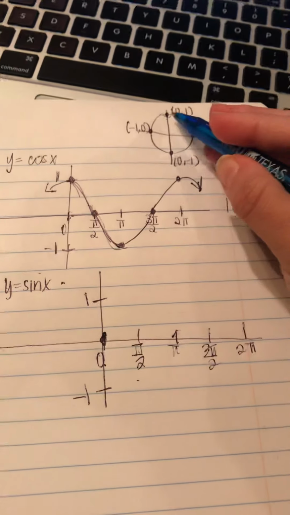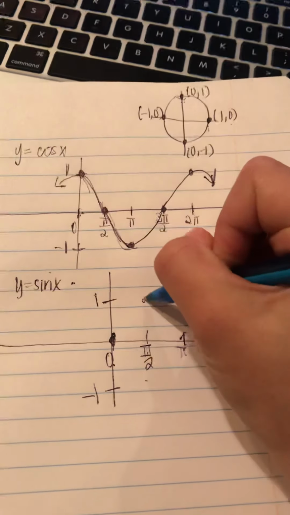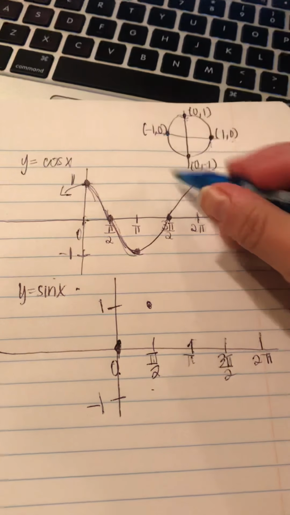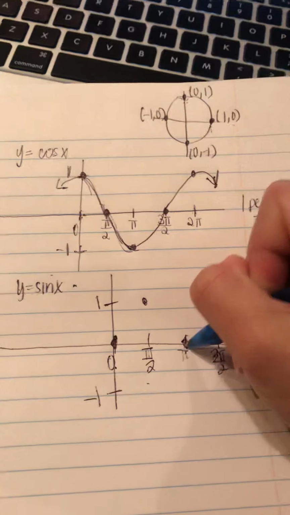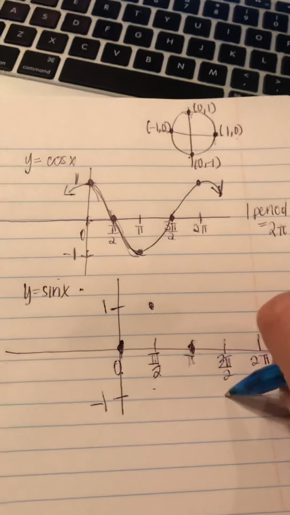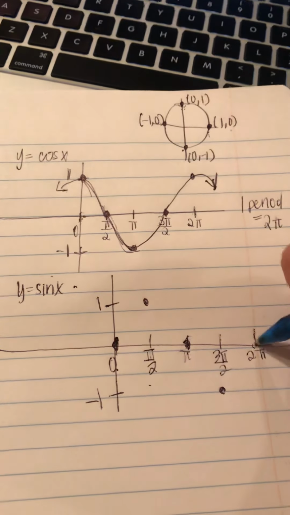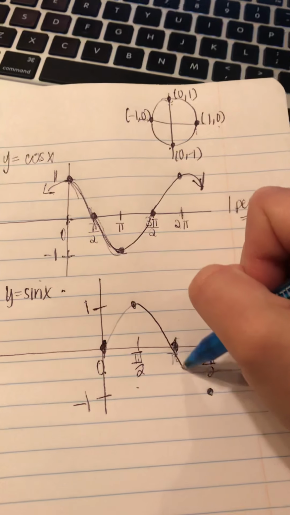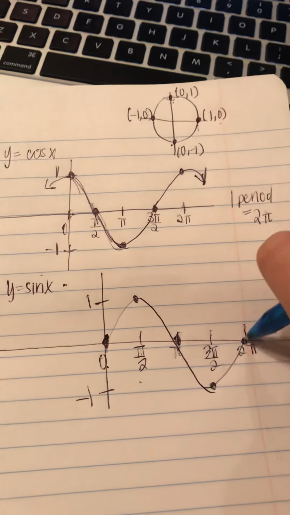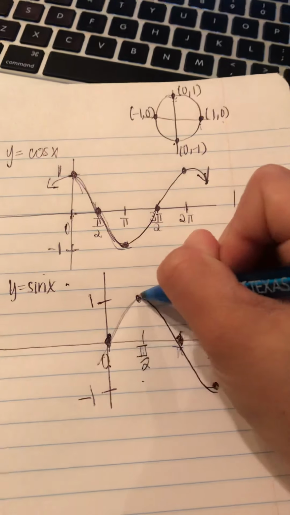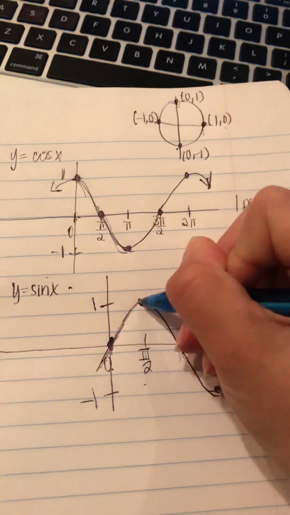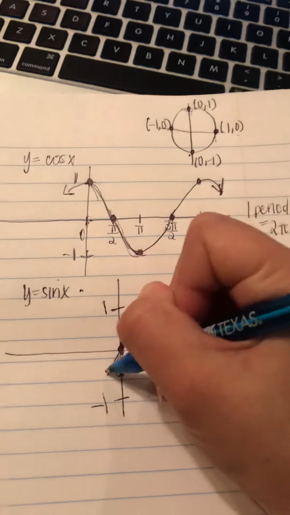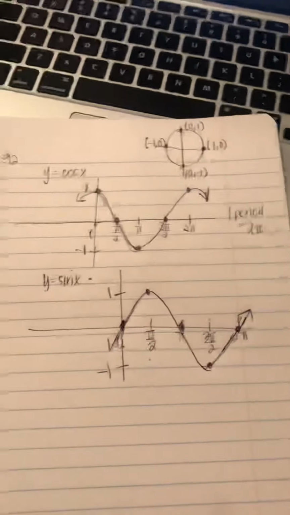At pi over 2, the y coordinate is 1. At pi, the coordinate for the y value is 0 again. 3 pi over 2 is negative 1, and 2 pi is 0. And then we're going to create the curve like so. There it is. Okay, so there is 1 period of sine.